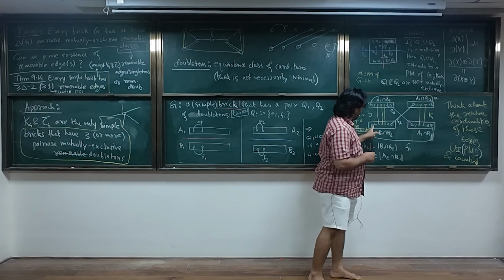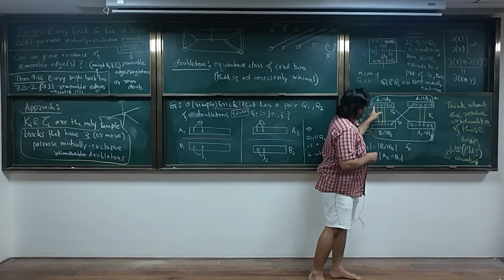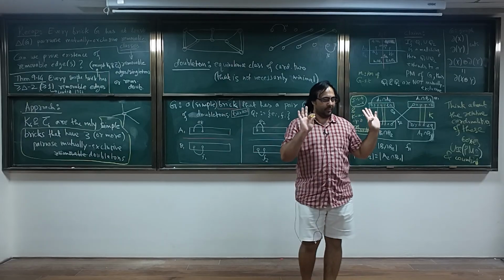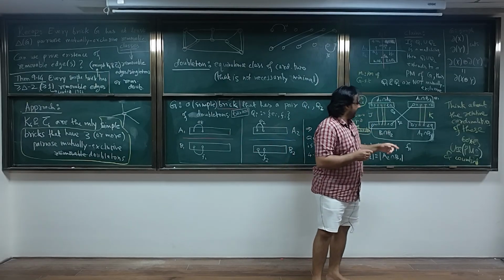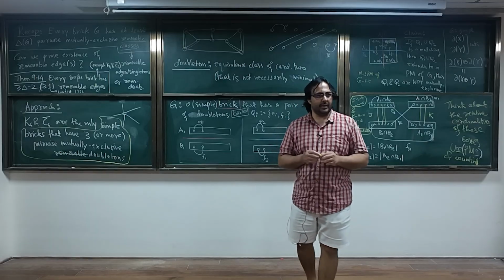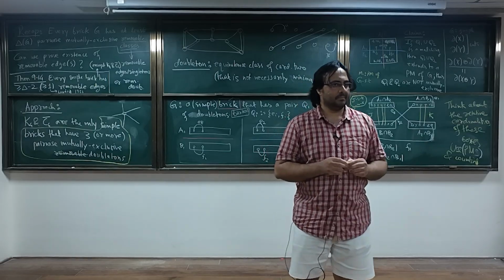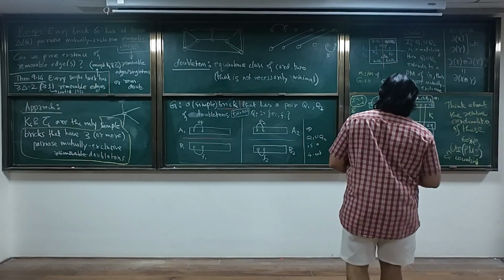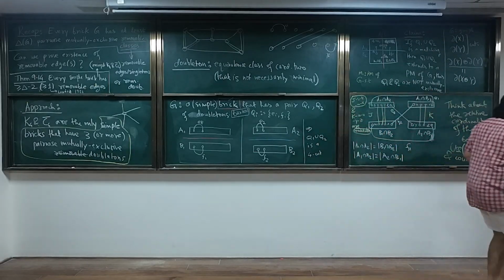Because I deleted S and T, edges E1 and E2 are gone. What can we say about edges F1 and F2? They are both used in this perfect matching. Let me use another color.